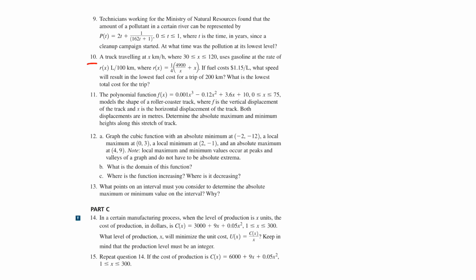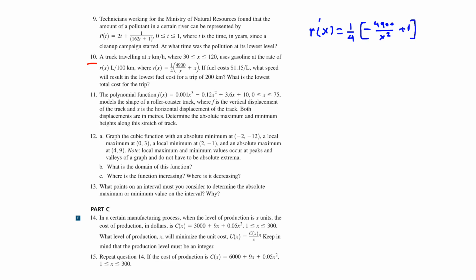The derivative of R(x) is 1/4, which is constant, times the derivative of 4,900 divided by x, which is 4,900 times negative 1/x squared, plus 1.